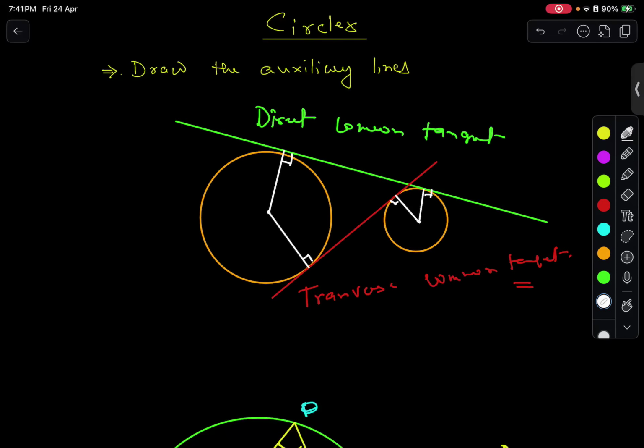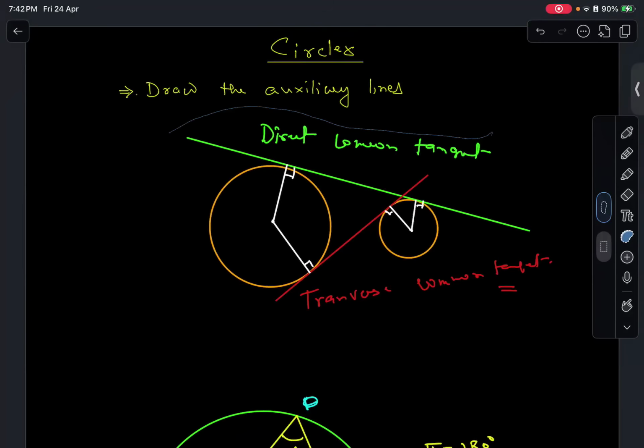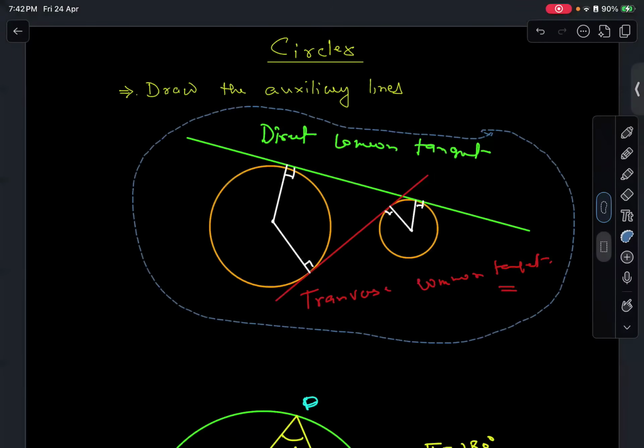The direct one goes directly, and the transverse one goes between the circles. Okay, done everyone?